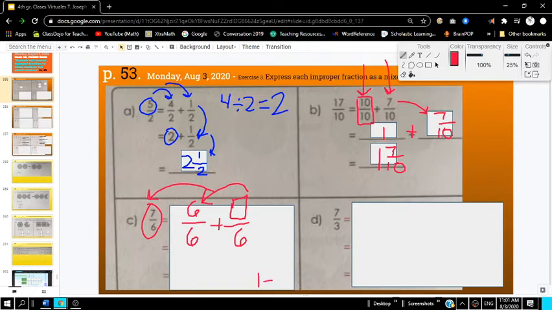Well, I know that 1 plus 6 equals 7. So we have 6 sixths plus 1 sixth, which equals 7 sixths. I know that 6 sixths equals 1, and 1 plus 1 sixth equals 1 and 1 sixth. So that's going to be our final answer, 1 and 1 sixth.